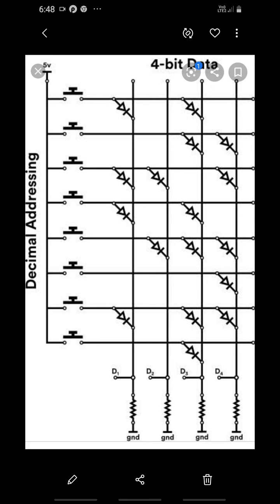And next take the sixth switch, then R6. In this switch, D1 is connected, D2 is not connected, D3 is connected, and D4 is connected. So R6 is equal to 1 0 1 1.